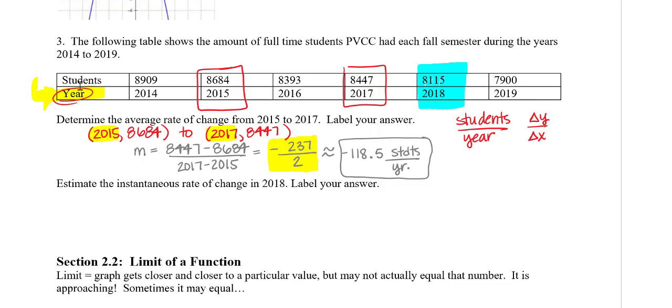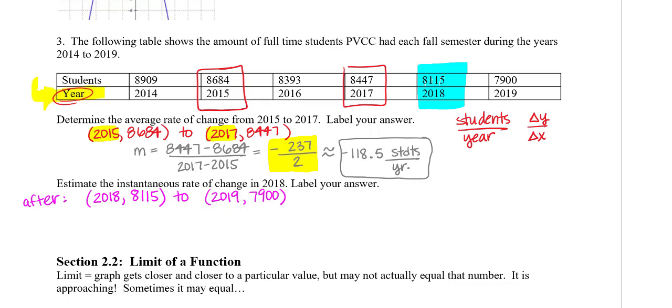I'm limited by this data, and that's all I have to work with. So the two closest points to 2018 would be 2018, 8,115 students, to after 2018, which would be 2019. There were 7,900 students.